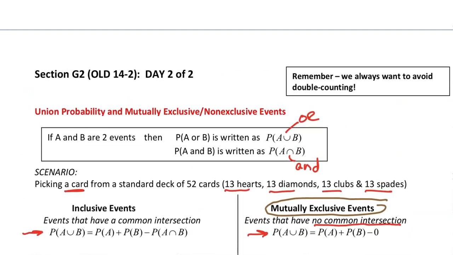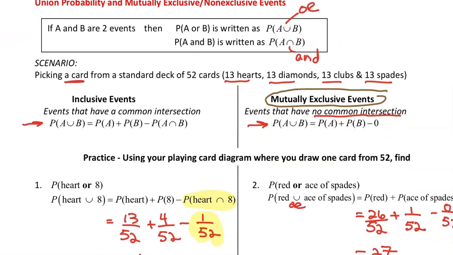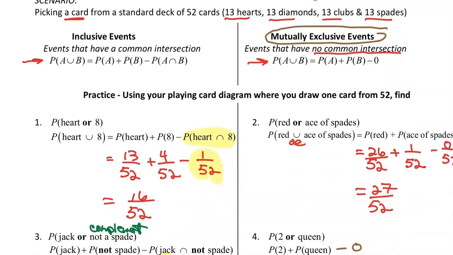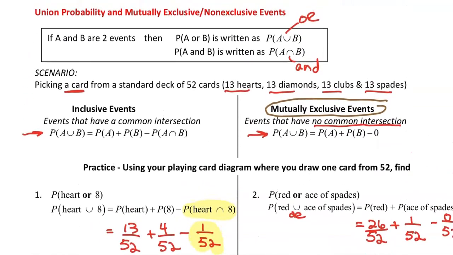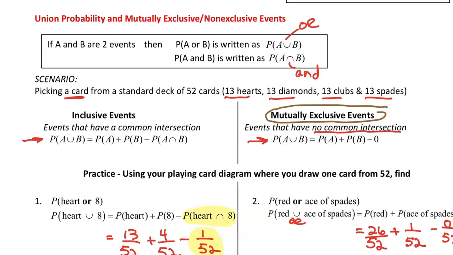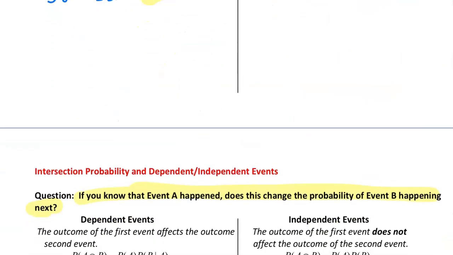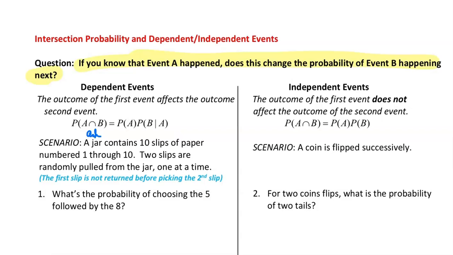Picking a card, you're picking one card. Okay, using the playing card, a heart and an 8. You're picking one card, which is happening all at once, whereas here you are picking in sequence. So you want to understand that if you pick in sequence, you're going to multiply the events because there's more than one event.